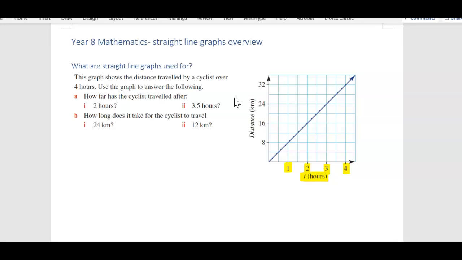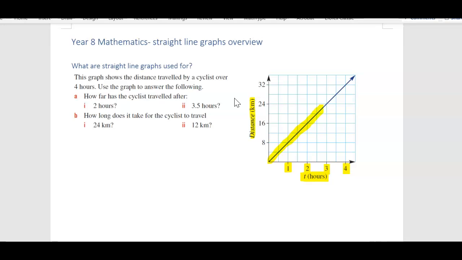Then on our y-axis, our vertical axis, we've got distance. Usually we would call that y, unless we're applying it to a real life situation. In this one, we're calling it distance, or if it was using a letter, it would be D for distance.